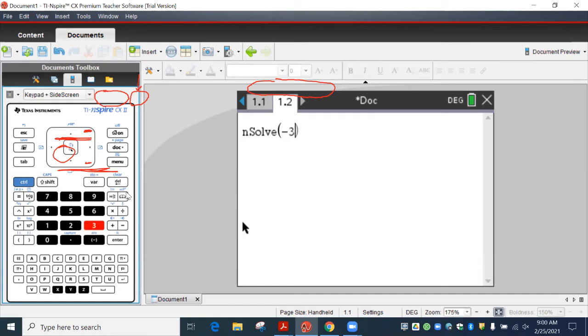Everybody can do this differently. Some kids always like to put X. Some kids like to put what they see. If you want to put X, you can. If you want to put the letter P, you can. I usually just put what I see. So I'm going to put the letter P, minus 2, parentheses, 6 minus P, close parentheses.